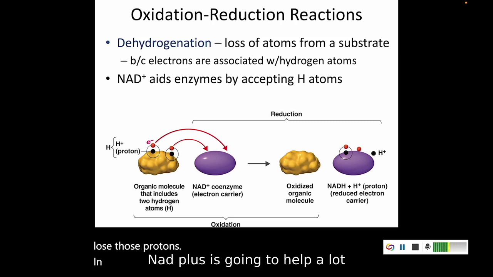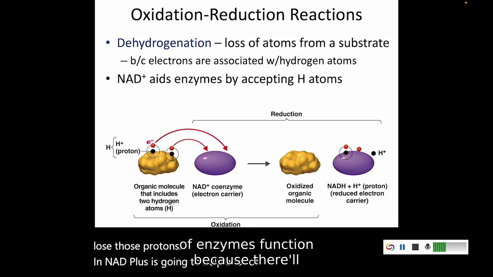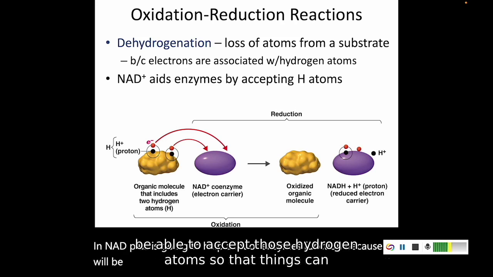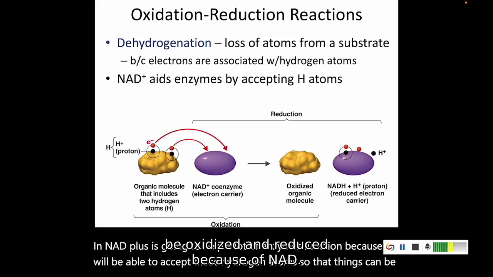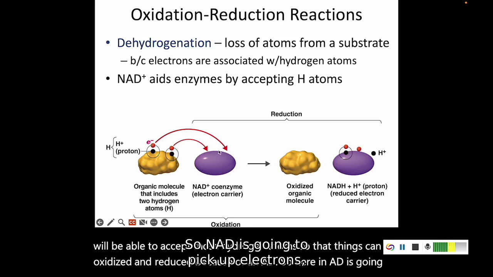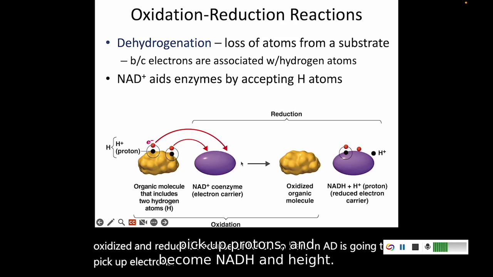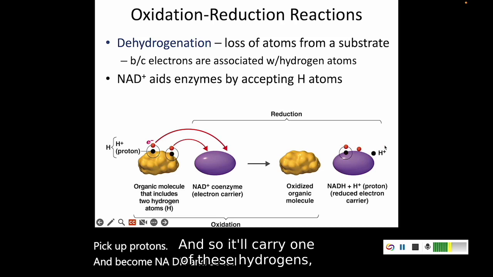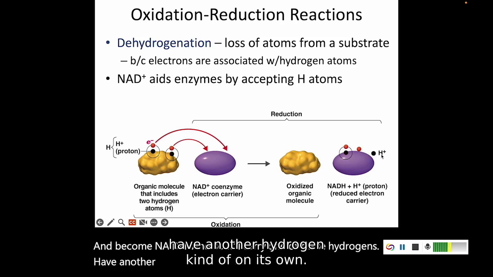NAD+ is going to help a lot of enzymes function because it'll be able to accept those hydrogen atoms so that things can be oxidized and reduced because of NAD. So here NAD+ is going to pick up electrons, pick up protons, and become NADH, and so it'll carry one of these hydrogens, have another hydrogen kind of on its own.